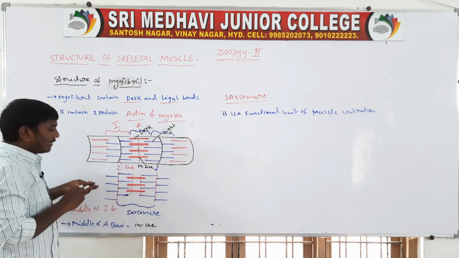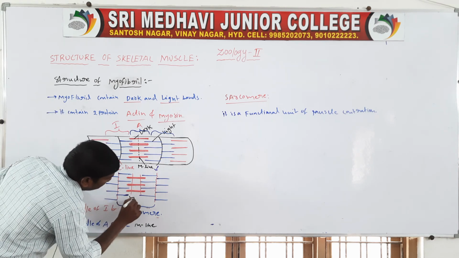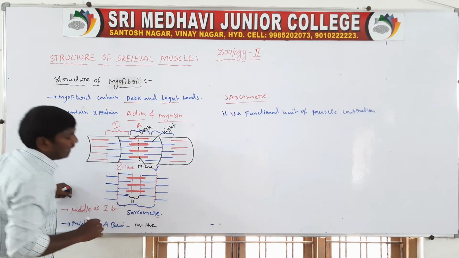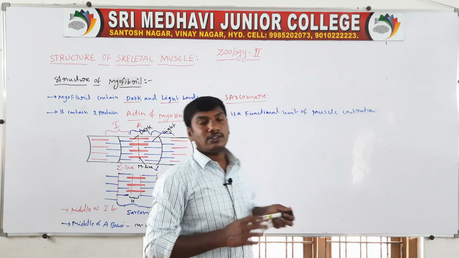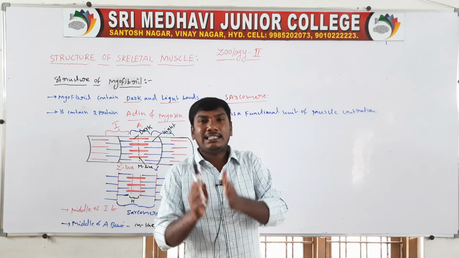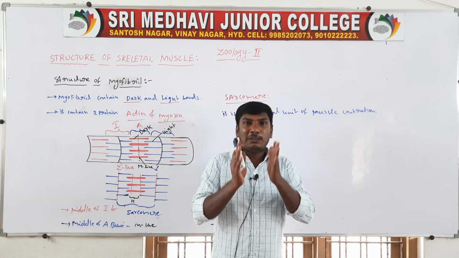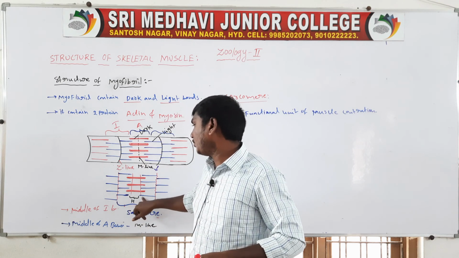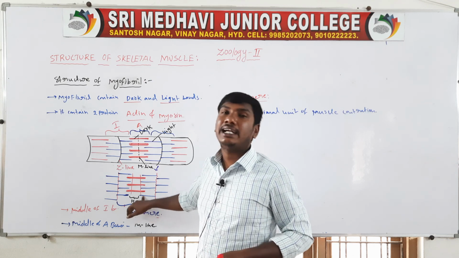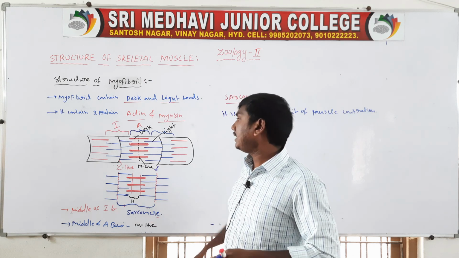This zone is called the H zone, or H line, or Hensen's disc.